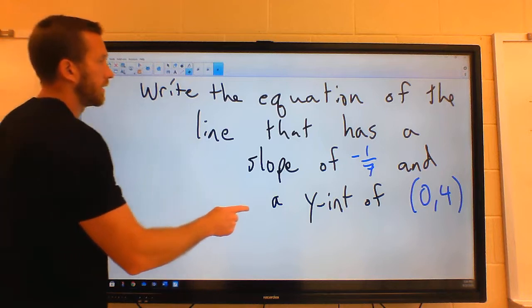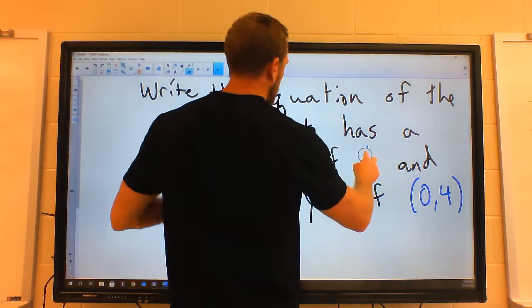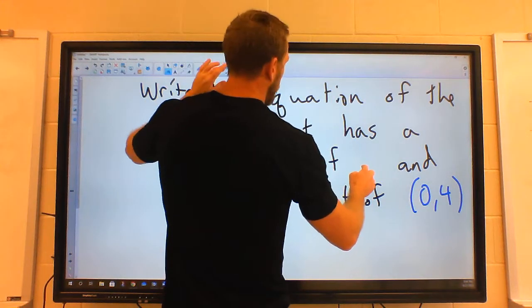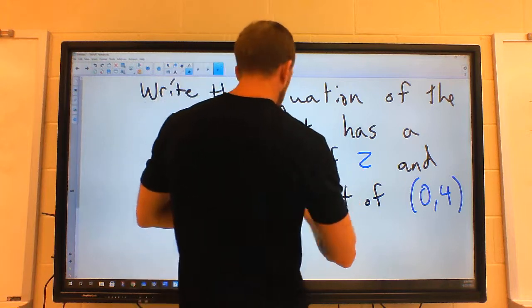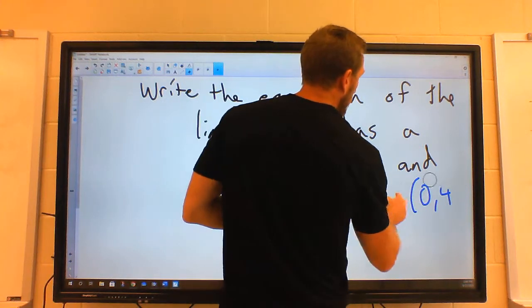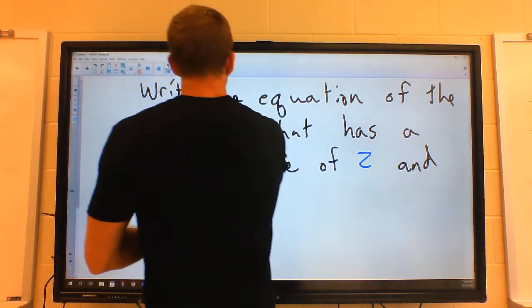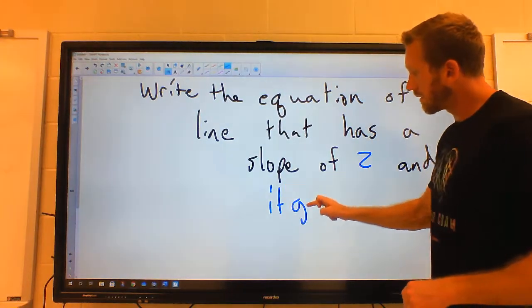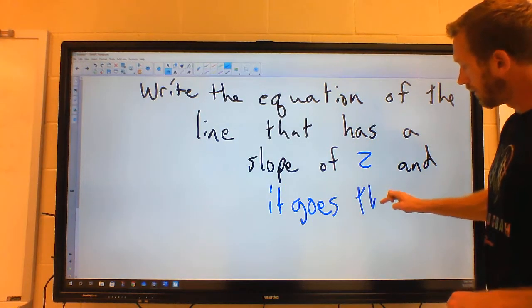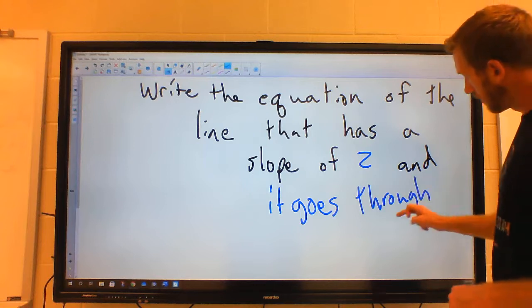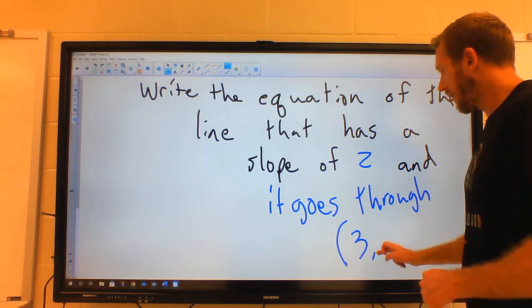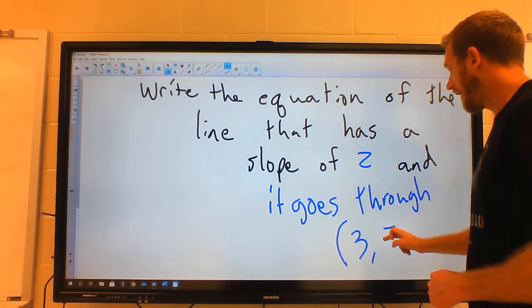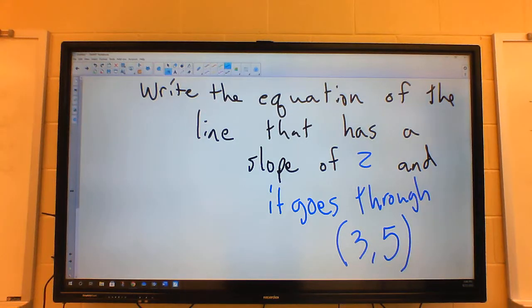I'm going to change it ever so slightly. Slope of 2 and it goes through 3, 5. Notice now, I do not give you the y-intercept.